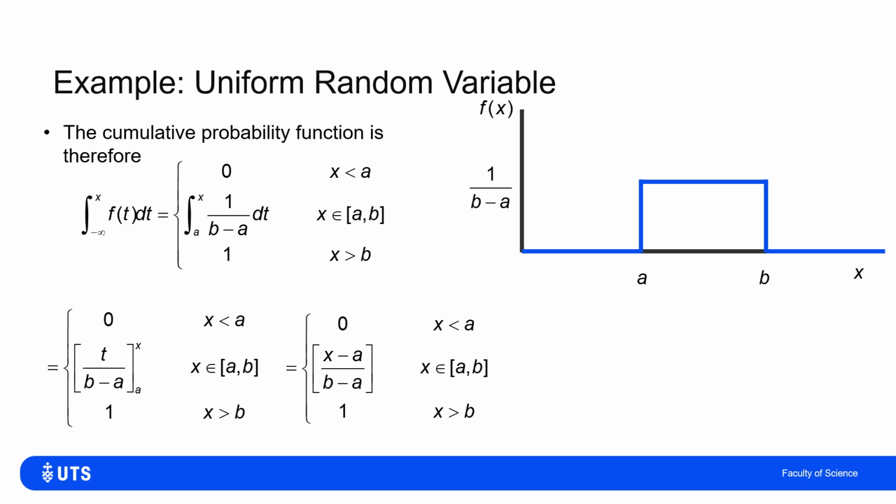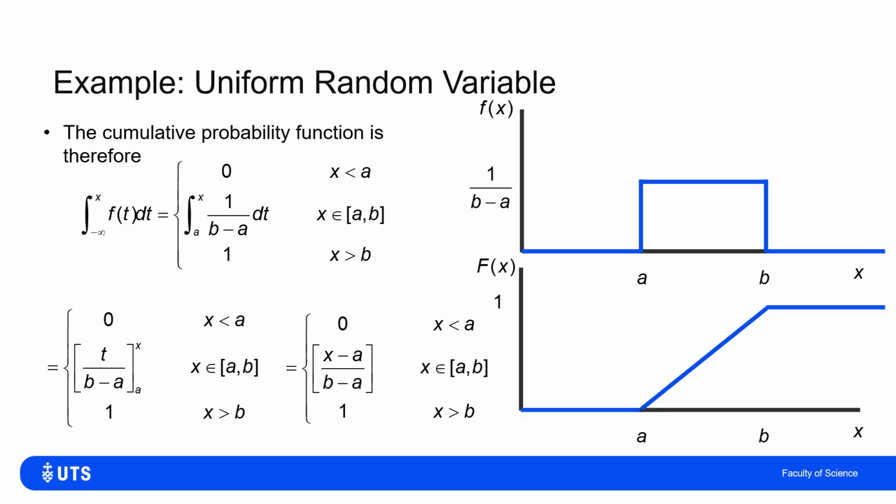It matches up at 0. At the other end, x equals b is the limit point of the second and the third region here, and it should match up at 1, and sure enough it does. I've got a 1 for x greater than b, and I've got b minus a over b minus a for x being between a and b, so it matches up.